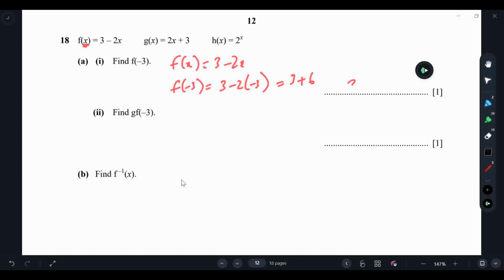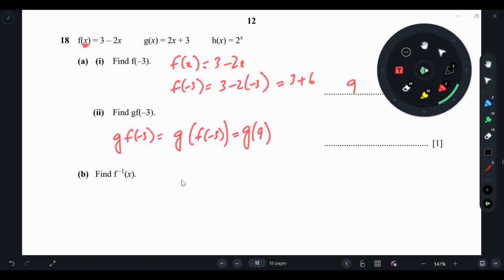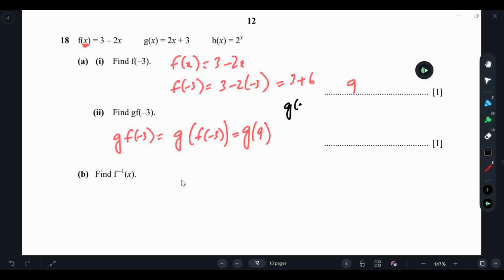So 9 will be the final answer. gf of minus 3 means g of f of minus 3, and we know that f of minus 3 is 9, so g of 9, how can we find out? We know that g of x is 2x plus 3, so it means g of 9 will be equals to 2 into 9 plus 3. 18 plus 3 is 21. So 21 will be the final answer.